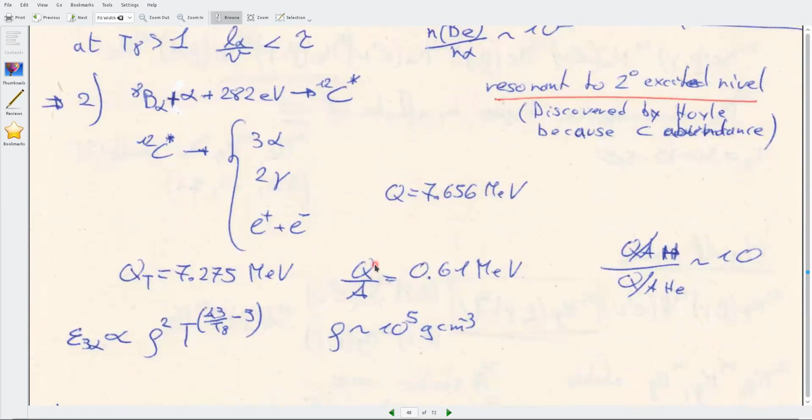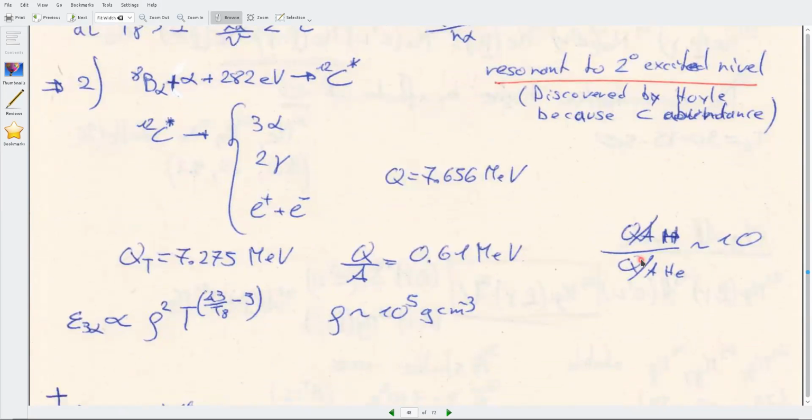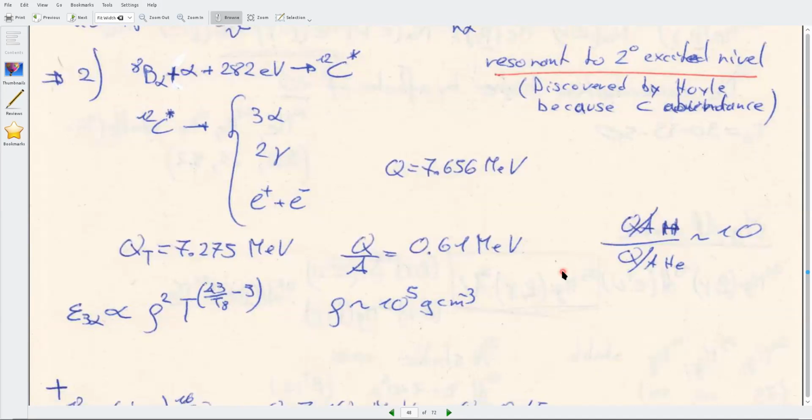Per number of nucleons, it is 0.6, about 1/10. That means the lifetime of the stars during helium burning is usually 1/10 of the time spent during hydrogen burning.